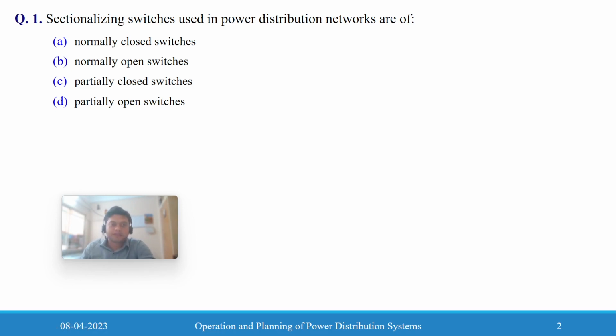As we know, sectionalizing switches and tie line switches are used in power distribution networks, and for power distribution reconfiguration we either close or open these switches to gain objectives like minimization of power and energy losses, or enhancing the reliability of the power distribution networks.